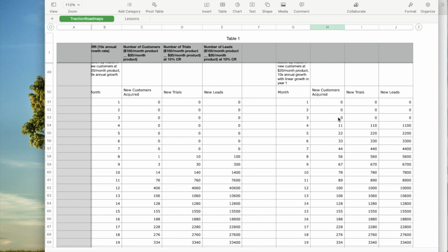where we define some goal, and that goal is always going to be the traction goal 3 months later. So that's the goal. And then you decide what campaigns you want to run to accomplish that goal, right? And so basically you look at the constraint in your funnel. So let's say you're at equilibrium, you have repeatability.